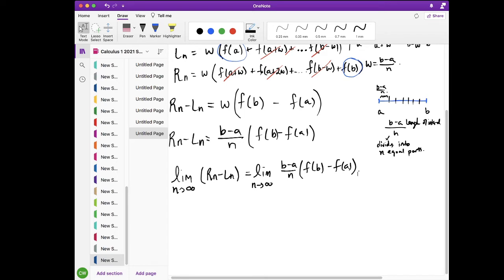First of all, as n goes to infinity, does a, b, f of a change? Do those values change?